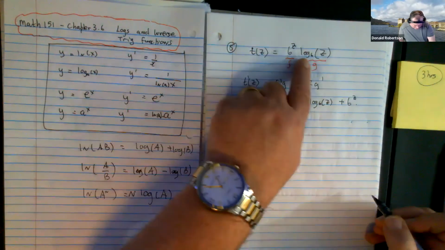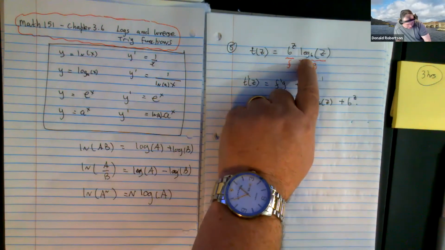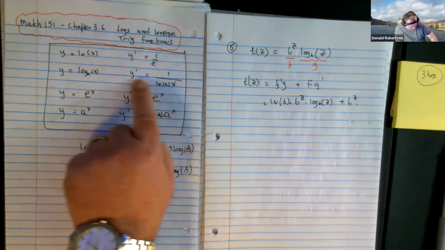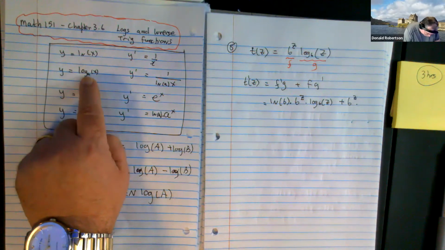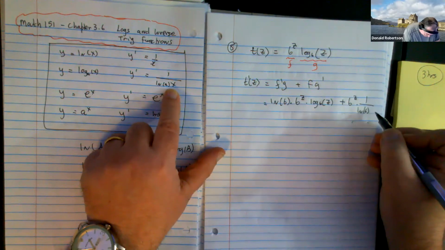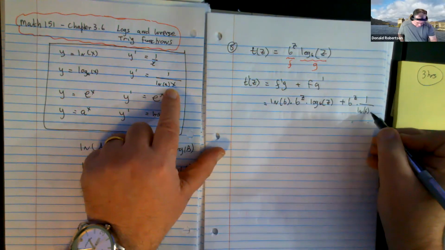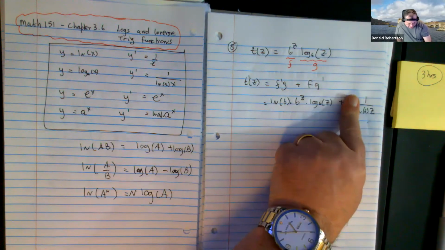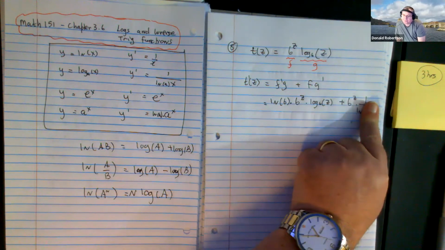And if you differentiate the log to the base 6 of z, it will be 1 over the natural log of 6 times z. So that's f dash, that's g, that's f, and this is g dash.